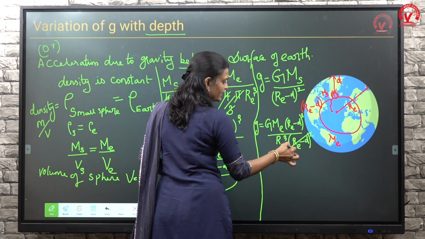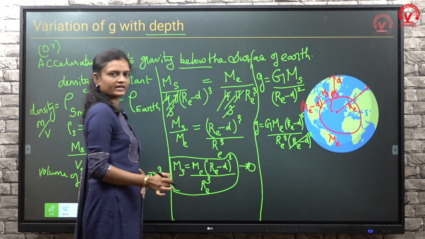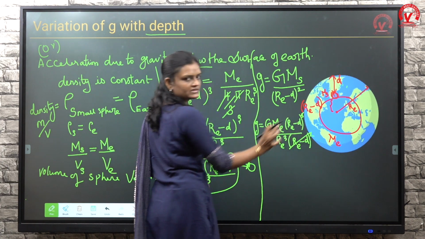Now the square and cube get cancelled, so we have only one part, Re minus d.